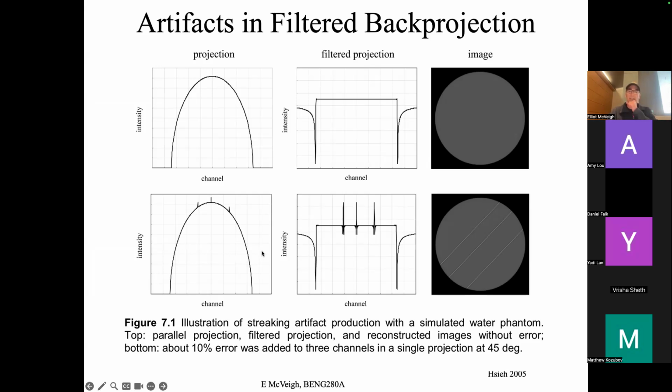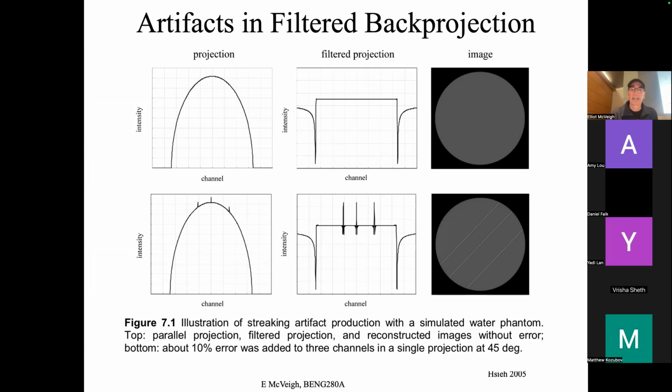When you take the convolution of this function with something like the Ram-Lak filter, it really enhances these things because they have such high spatial frequencies, right? So a spike like that has very broad spatial frequencies, as we've seen.